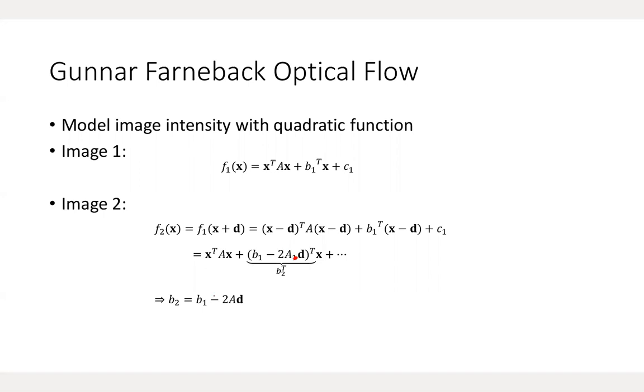So if I can fit image one and image two with this quadratic form, then the displacement will be simply like this, where I have B2, B1. As I mentioned, this B2 is equal to B1 minus 2 A1 D. So I can just move the terms around, then D is equal to this here, right?